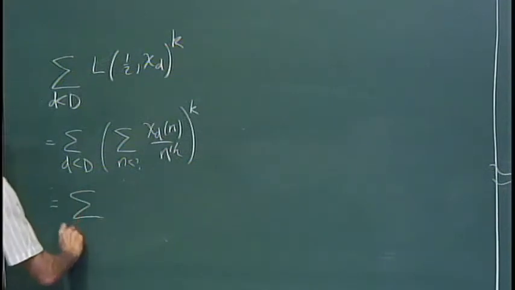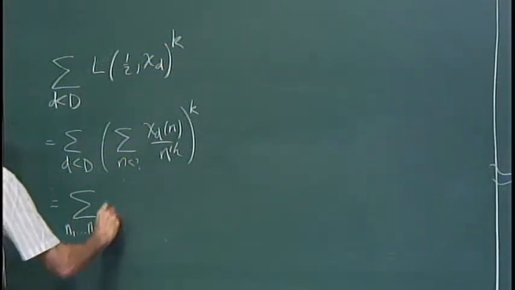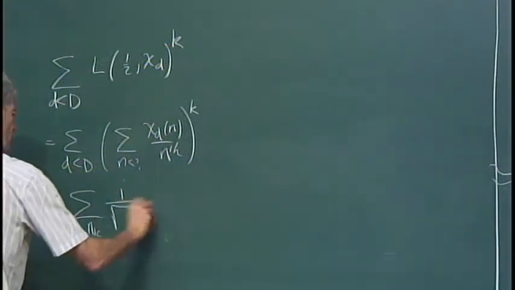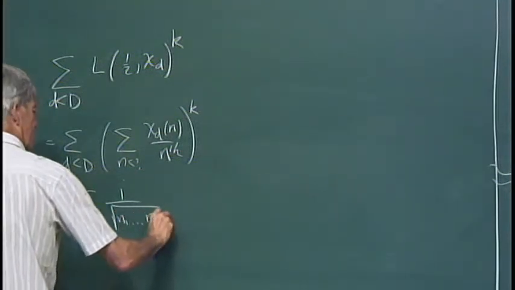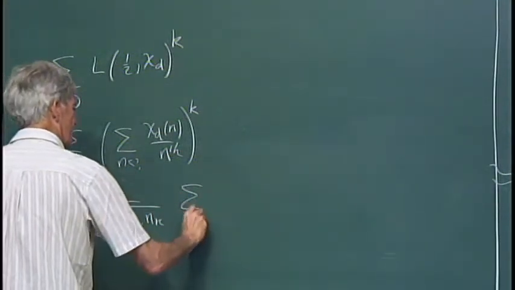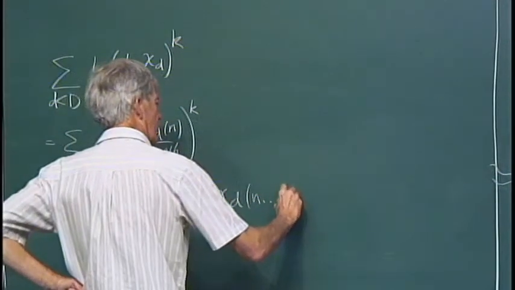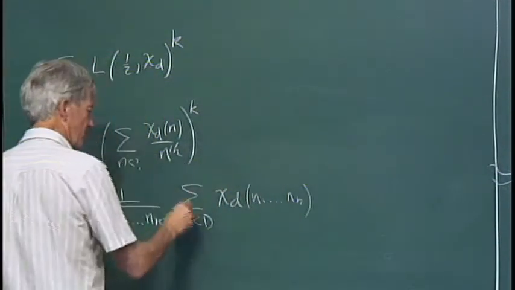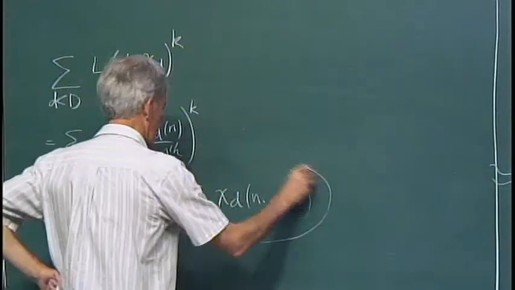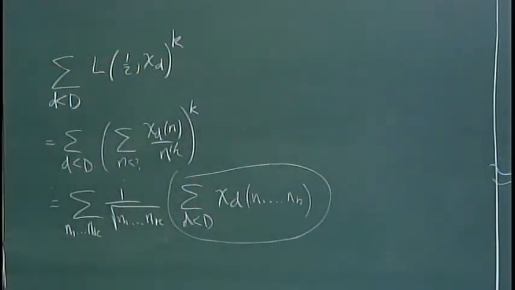And so we might write out the summation n1 up to nk of 1 over the square root of n1 up to nk, and then the summation over d less than D of chi_d of n1 up to nk, right? Bringing the sum over d inside.